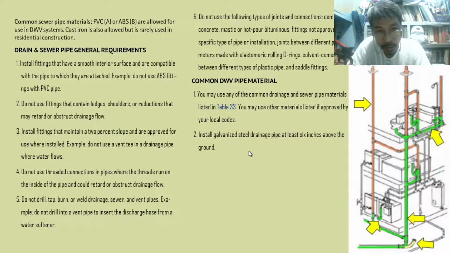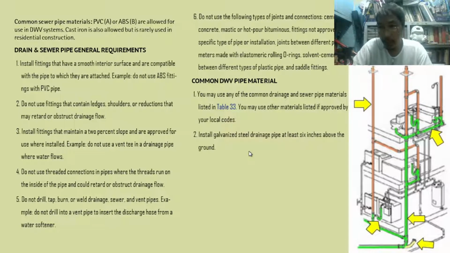So for example, do not use ABS fittings with PVC pipe. Okay. That means we need to only use fittings compatible with the pipe to which they are attached, because if not, those connectors will increase the possibility of dirt and soil being trapped in that region.